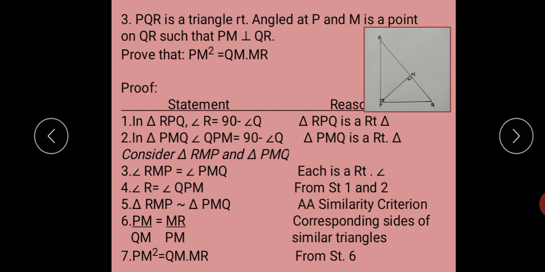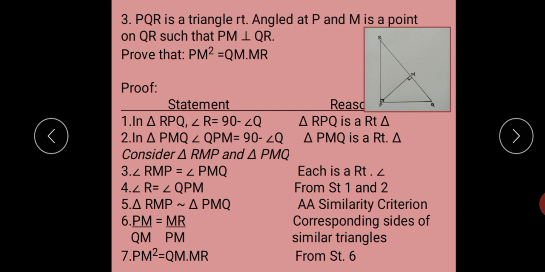Well, there are fewer chances of this rider being asked in the exam, but why have I solved this? It is because of the final statement, which is very important. See, it is PM square, the square of the perpendicular drawn on the hypotenuse is equal to the product of QM into MR. That perpendicular divides the hypotenuse into two parts, and it is the product of the two parts.